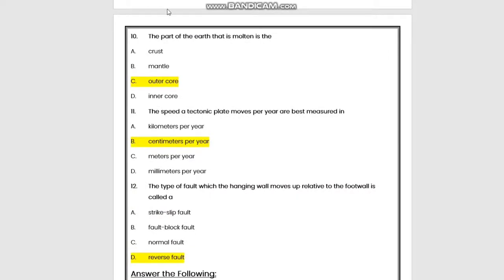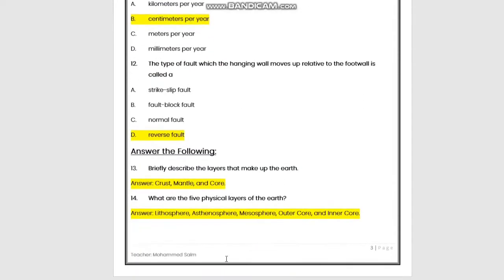Number 10, the part of the earth that is molten is the outer core. The speed a tectonic plate moves per year is best measured in centimeters per year, and this is very important. Next question. The type of fold in which the hanging wall moves up relative to the footwall is called reverse fold, and it's important as well.